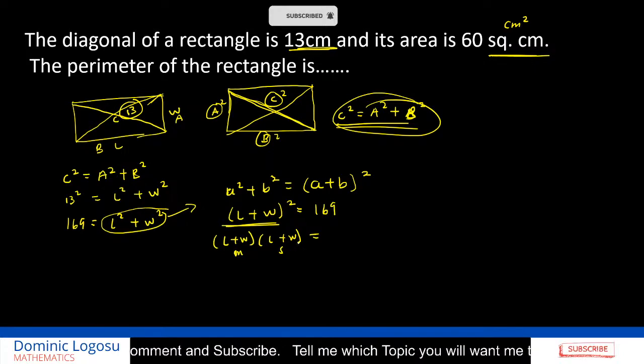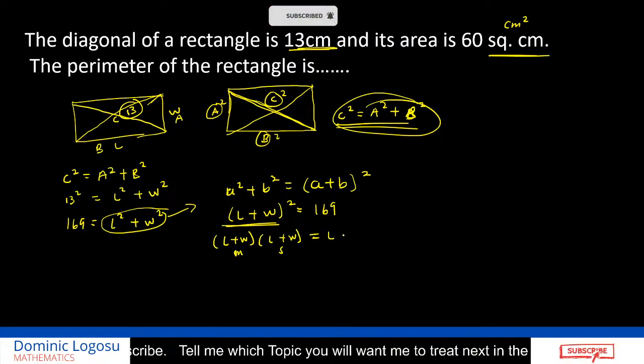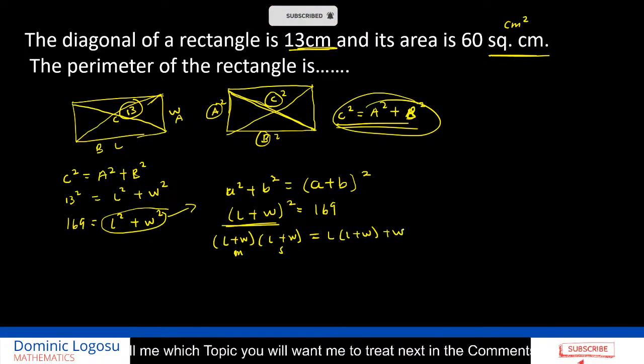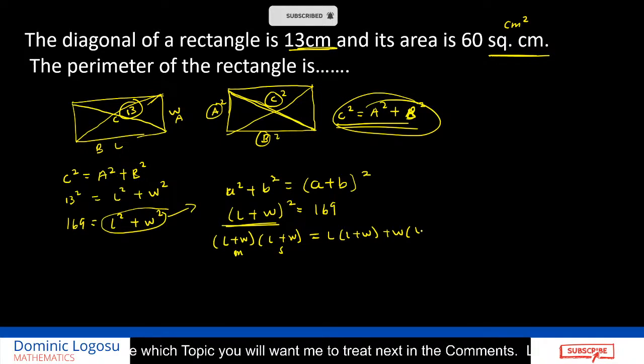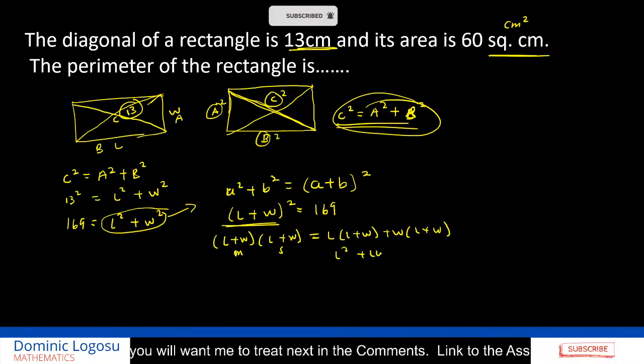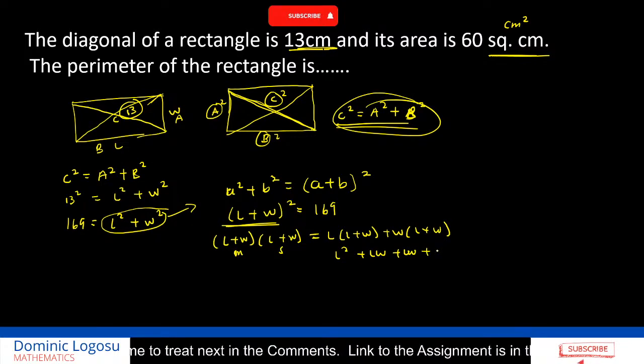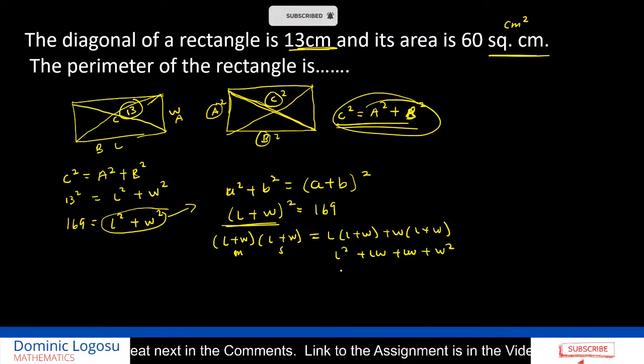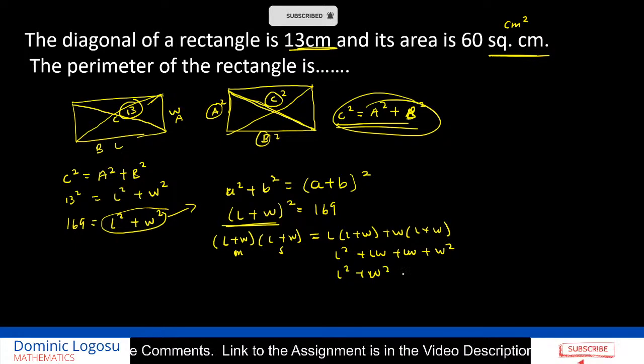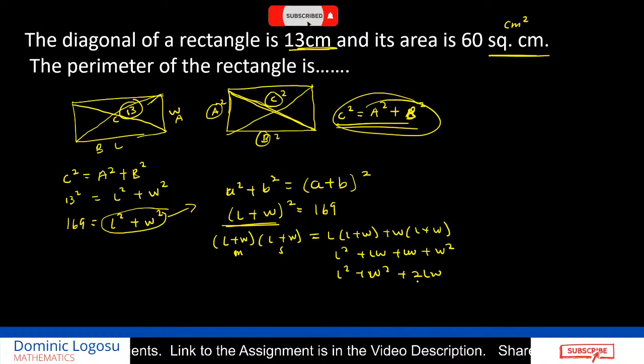I'll put a link later in the description so that you can watch it and understand what we are trying to do. So which means that L into bracket L plus W plus W into bracket L plus W, and then plus LW plus LW plus W squared. So this should give us L squared plus W squared plus 2LW.